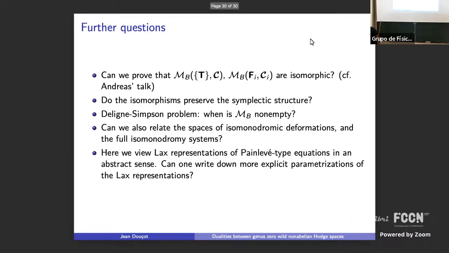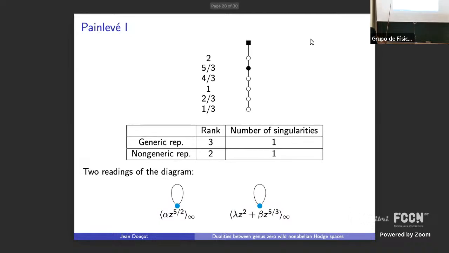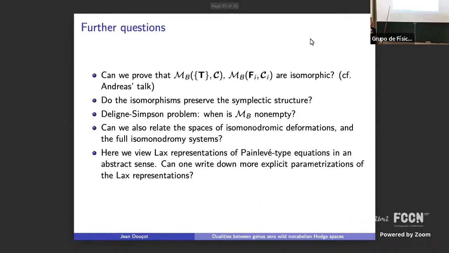Okay, so that's basically everything that I wanted to say. We have this nice combinatorial description of wild Riemann surfaces that conjecturally correspond to isomorphic wild character varieties. There are still a few questions: can we really prove that there are isomorphisms? Our work with Andreas covers some cases, for example the case of Painlevé-1 between the 2 readings.